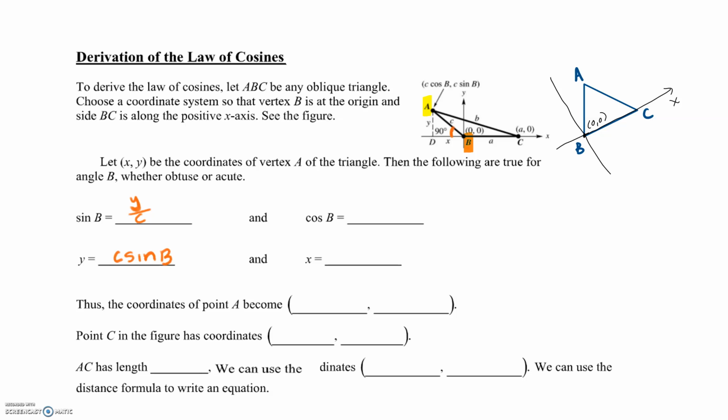Let's do the same thing for cosine. Cosine is just adjacent over the hypotenuse, so it's x over c.